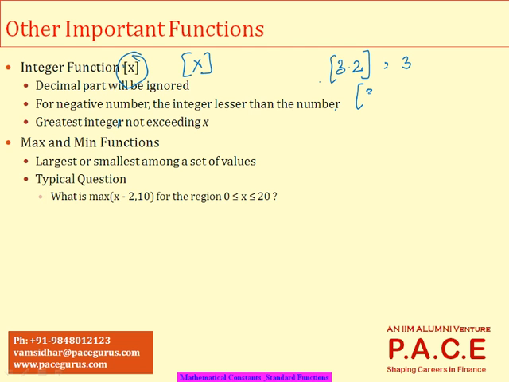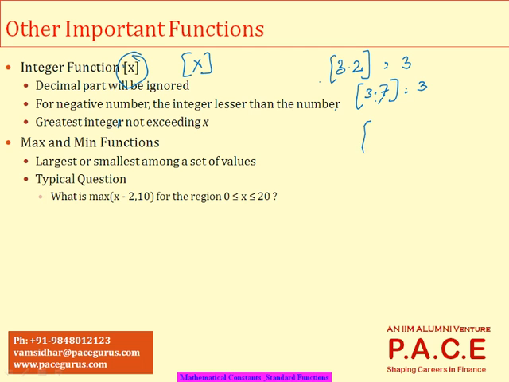Even for 3.7, the integer value is 3. It's not rounding. Try to understand the difference between the two. Look at it always as the lesser side. For 3.7, the immediate integer on the lesser side is 3, right?